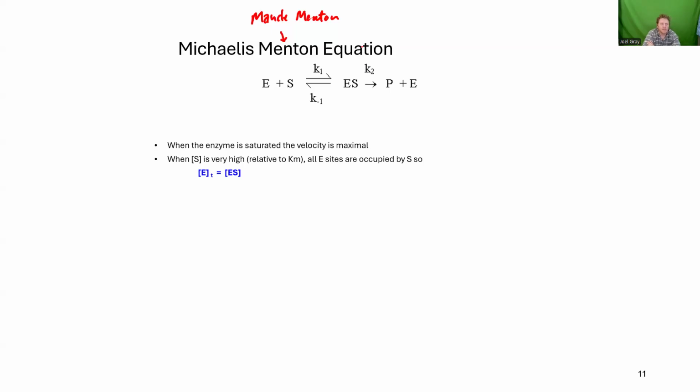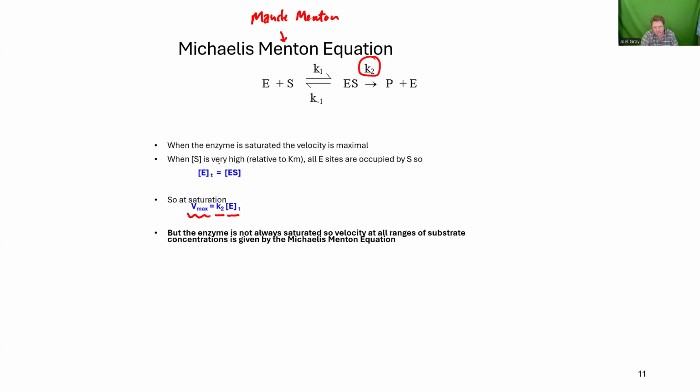So effectively, your total enzyme concentration at that time is equal to your enzyme-substrate complex. Another way of looking at that, you could say that your maximum velocity is equal to the rate constant K2 for the conversion of the enzyme-substrate complex, times your enzyme concentration at a given time, because whenever your substrate concentration is very high, E sub T is equal to ES.